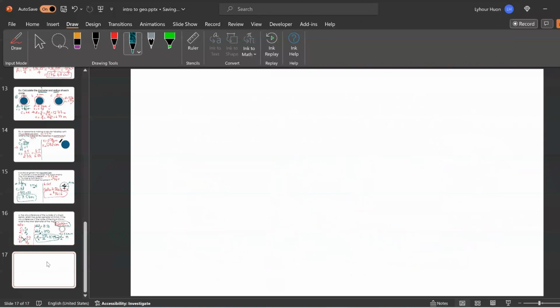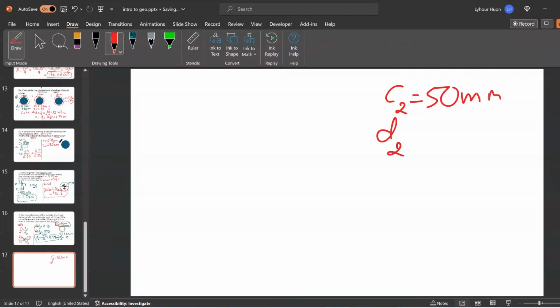If we know C2 equals 50 millimeters, we can already find D2 without knowing C1 and D1. C1 and D1 are useless when we already know all of this. So we use the formula C2 equals pi times D2, correct? Basically equals pi times D.